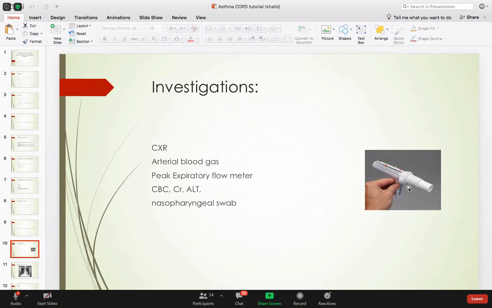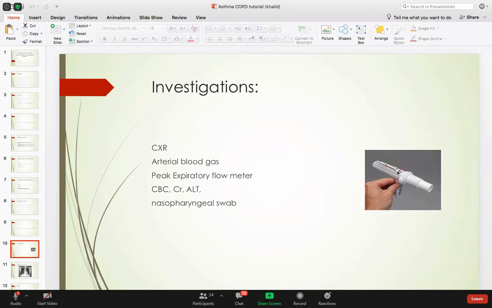As you can guess, it's a carry-on test. Some patients actually have it with them at home. The way they do it is they blow as much as possible to see the volume of the expiration, and usually they will know their best numbers.